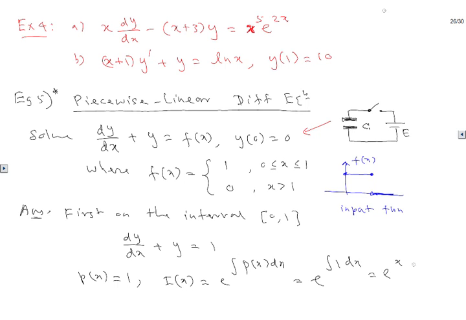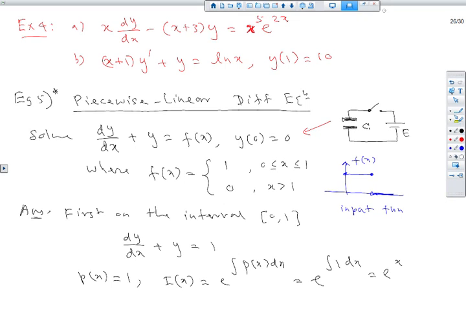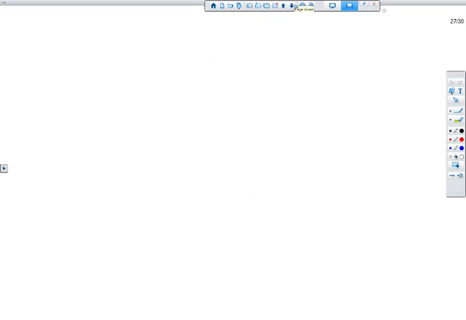That means your differential equation looks like this: d over dx of y e^x equals e^x. Integrating, we have y e^x equals the integral of e^x dx, which is e^x plus, I'm going to call it c1 here.